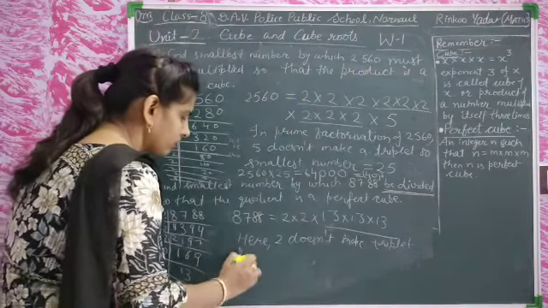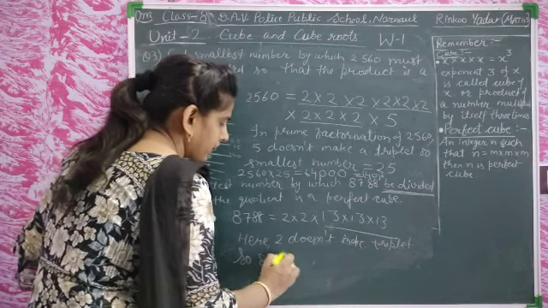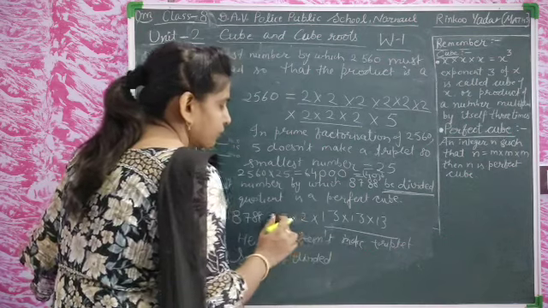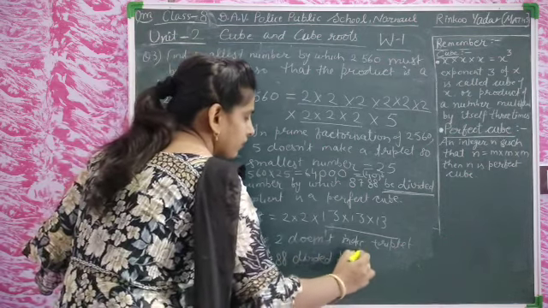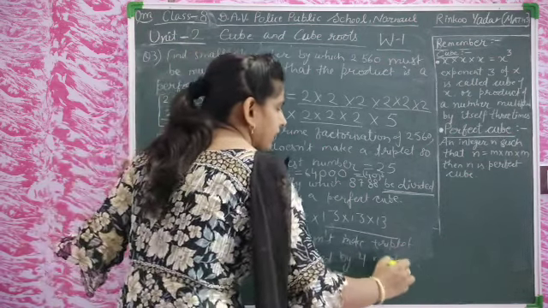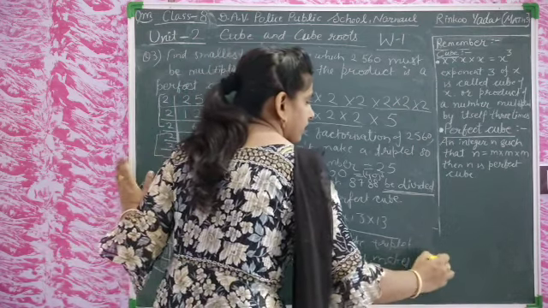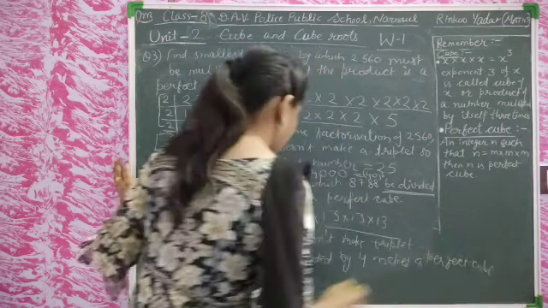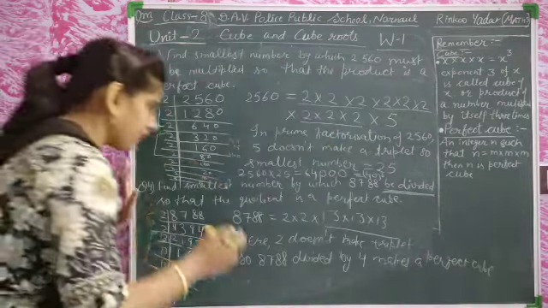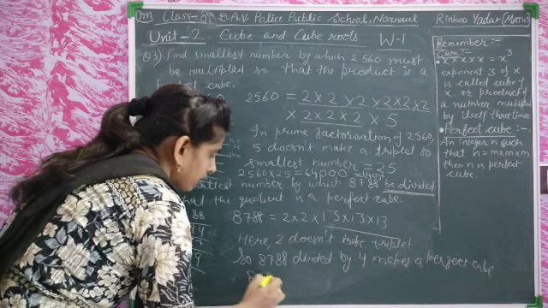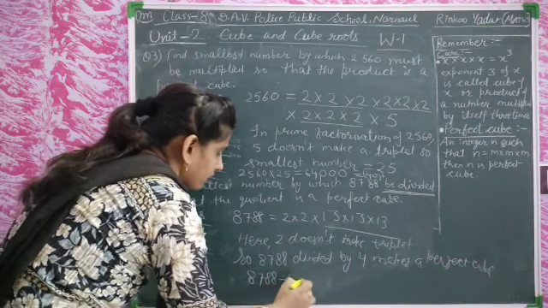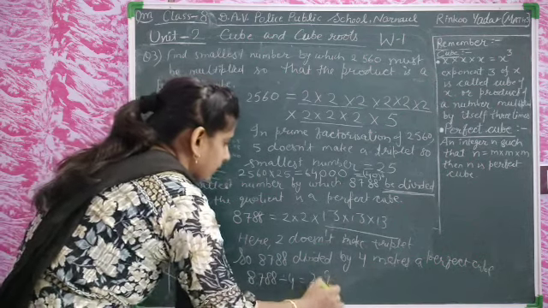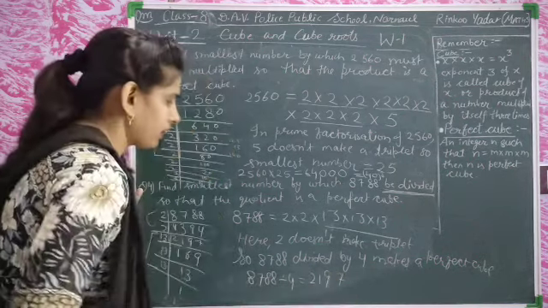So 8788 divided by which number? 4. 2 into 2, divided by 4, makes a perfect cube. What will we get here? 8788 divided by 4 is equal to 2197: 4 twos are 8, 4 ones are 4, 4 nines are 36, 4 sevens are 28.